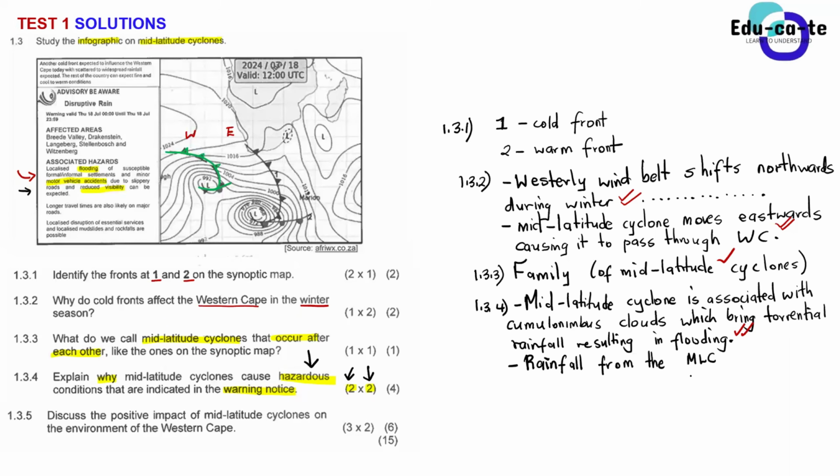You are explaining it as well. So rainfall from the mid-latitude cyclone actually leads to poor visibility. Making any sense? That's one of them. And then the one from Mukobe says heavy rainfall.